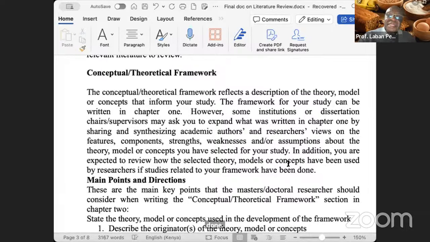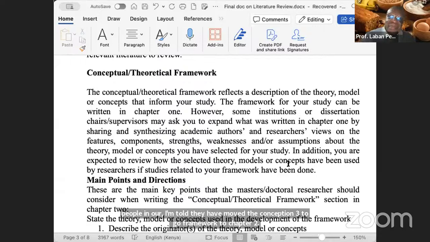Now, you see, this theoretical and conceptual framework, somebody asked us a question. These are tied at the hip. And I am giving you the components I would like to see in your conceptual and theoretical framework before you write me your literature review. I'm also being courageous to tell you, and I've told people, in our graduate handbook, I'm told they have moved the conceptual and theoretical framework to chapter 2.